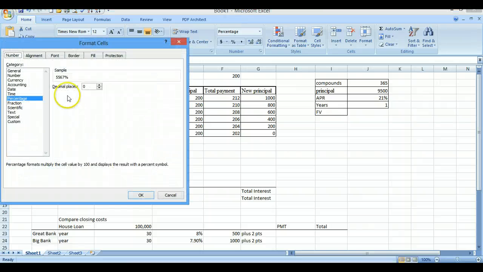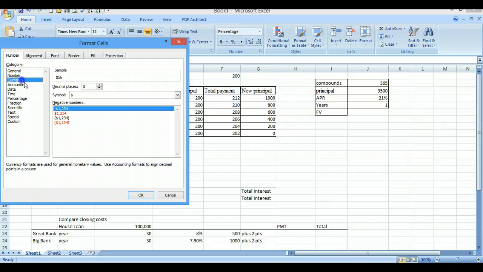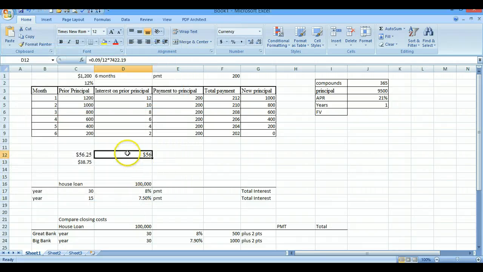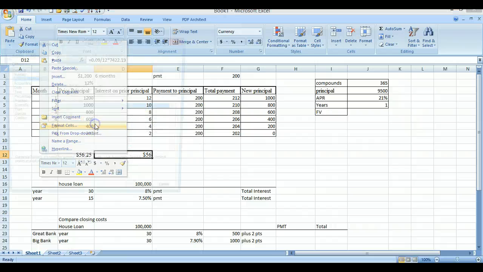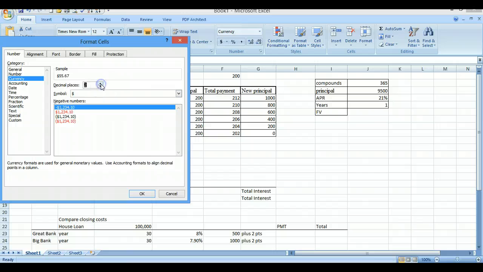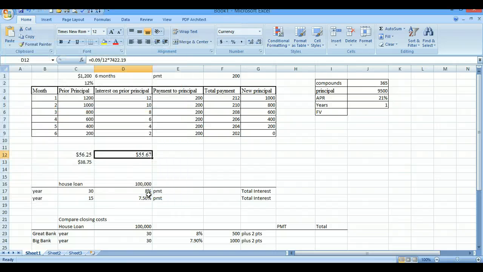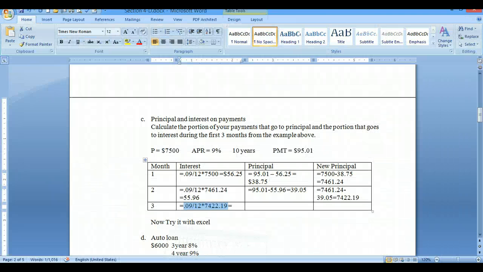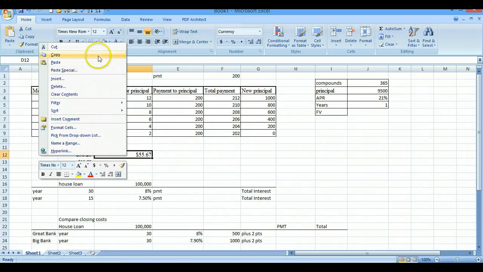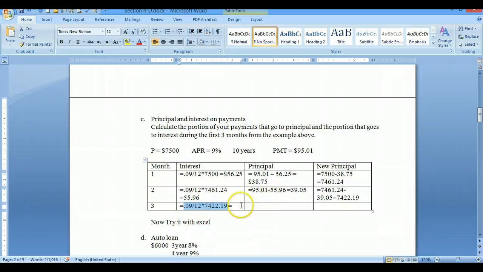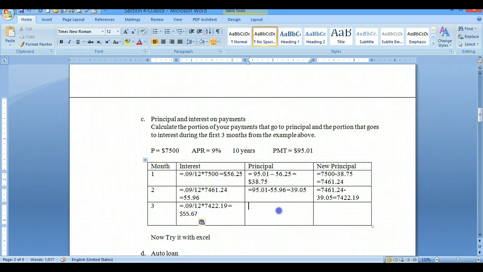We have to go format that cell to be a currency. And once again, we need to make a currency go out to 2 decimal places. So in this case, it should be $55.67. Good. Okay, 55. Oh, I didn't copy that. Copy and paste. There we go.